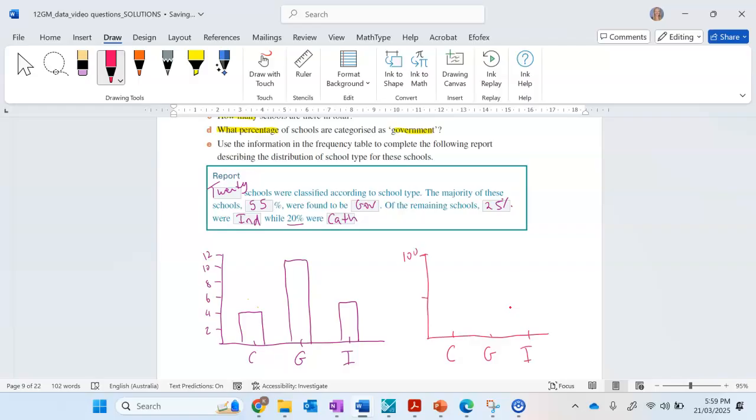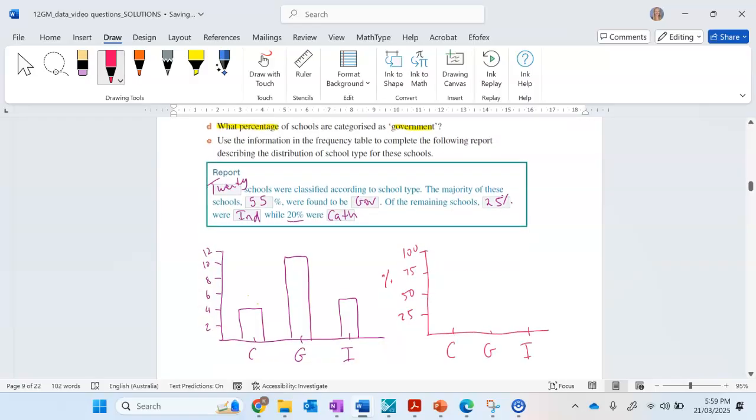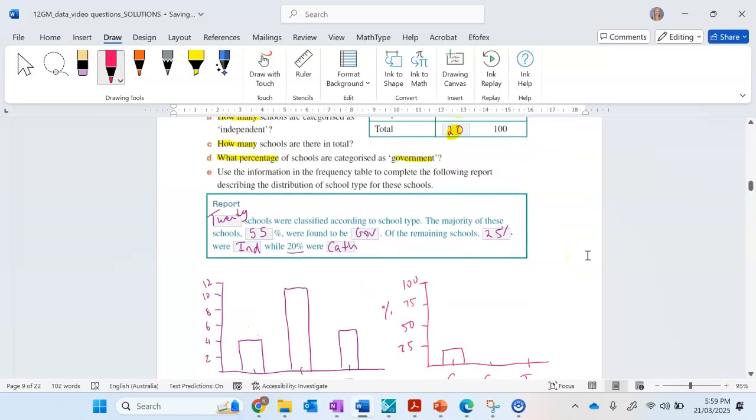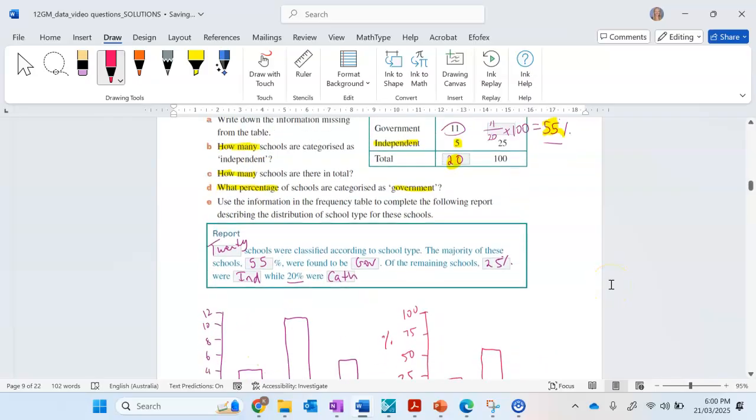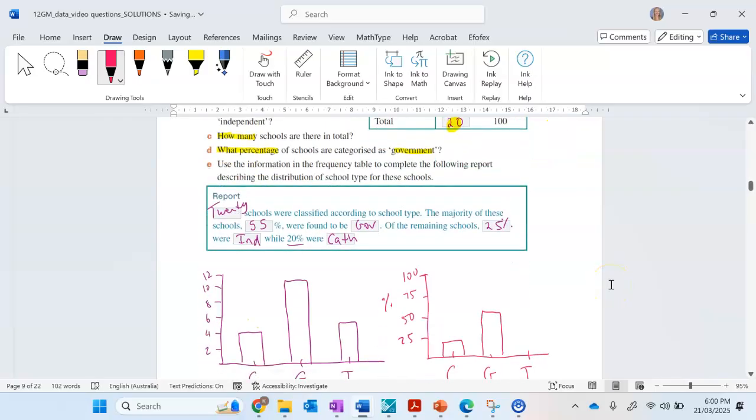So halfway is 50%, 75, 25. We're just going to make sure we notice that it's percentage on that side. All right, so Catholic was 20, so it's going to go something like that. Government was 55%, so it's going to go up there. And then independent was 25%.